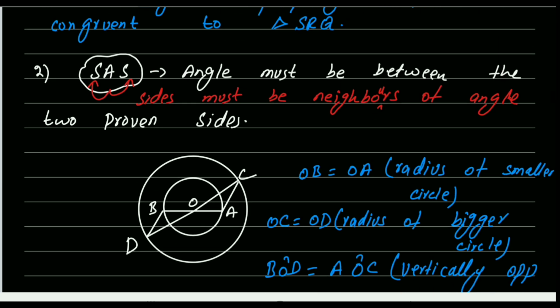Okay, so the condition is that the angle must be between the two proven sides. We have proved that these two sides of both triangles are equal, and these two sides are equal, and this is the angle in between them. These are the angles in between the two proven sides, and the sides are the neighboring sides of that angle.